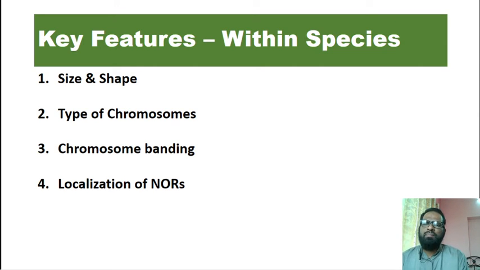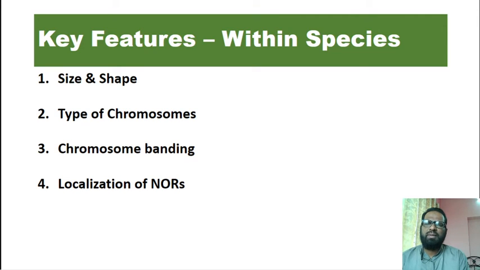What are NORs? The NORs are called the nucleolus organizing regions, and this is the region where you will find the distribution of the major rRNA genes. That's why the localization of NORs is also very important. Why?